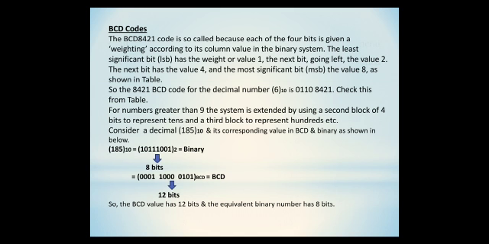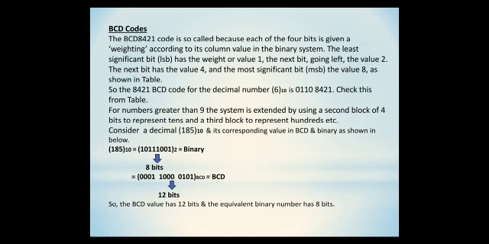So the 8421 BCD code for the decimal number 6 is 0110. Check this in the tabular form.